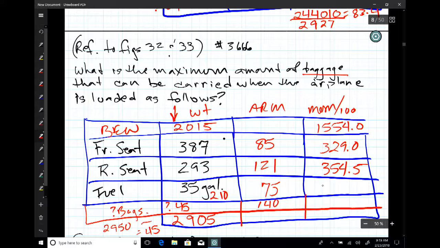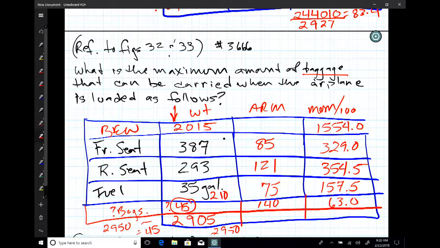For the fuel, you got a moment of 157.5. And when you took that baggage there, 45 pounds times 140, you're going to wind up with 63.0, correct? Okay, so now if you add all of this stuff up together, you get 2,950 pounds by adding that 45 pounds of bags. That arm is going to be kind of a nonsensical number.